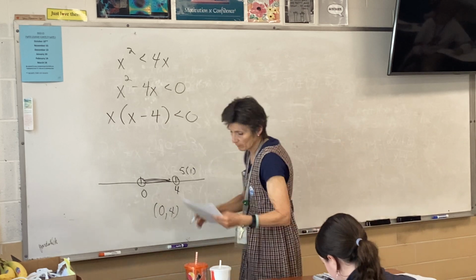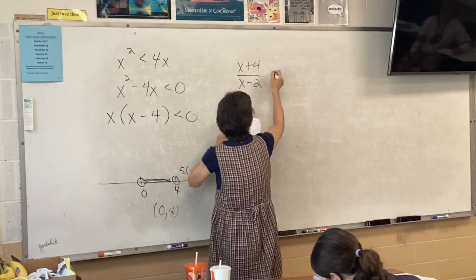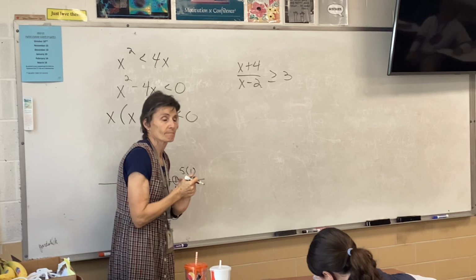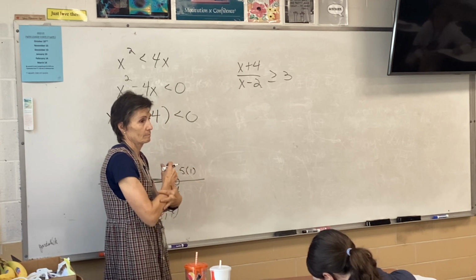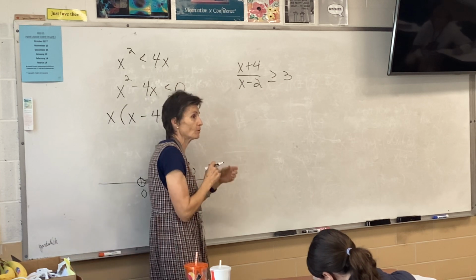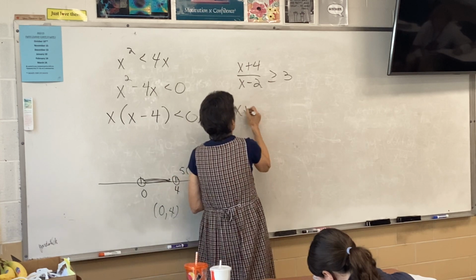All right, now we got one of the big ones. Okay, what do we do with this? Oh my. Yeah, we gotta move the 3 over because don't we need to get a 0? Yeah. So we'll move that 3 over.